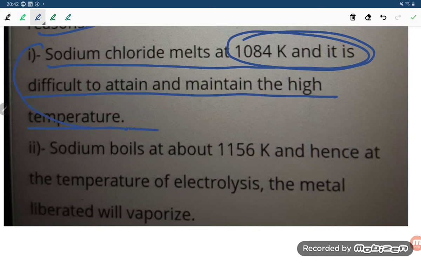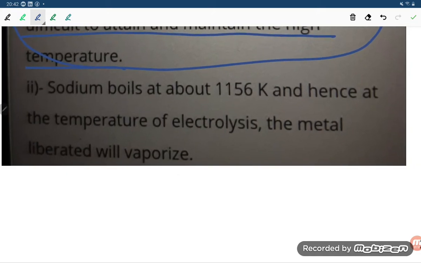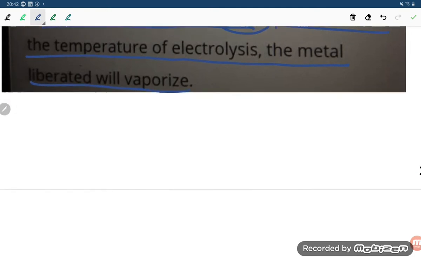Second, sodium boils at about 1156 Kelvin, and hence at the temperature of electrolysis the liberated metal will be vaporized.